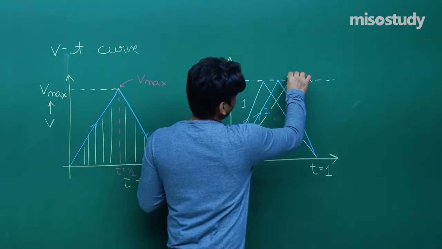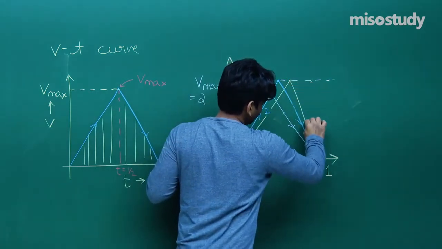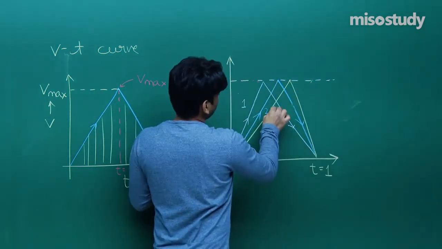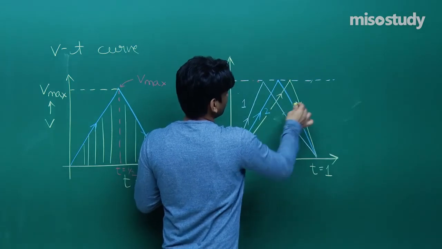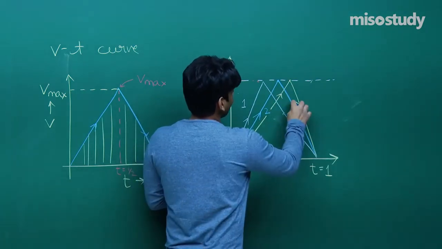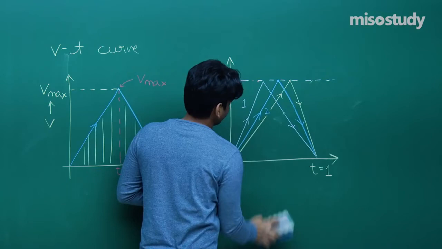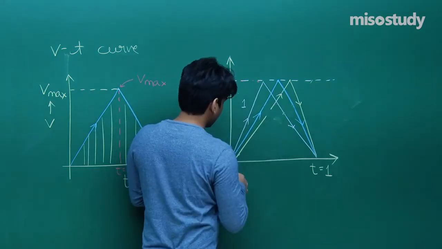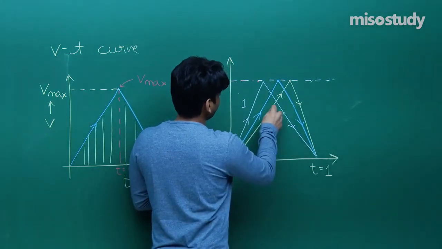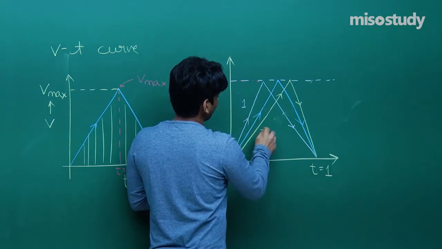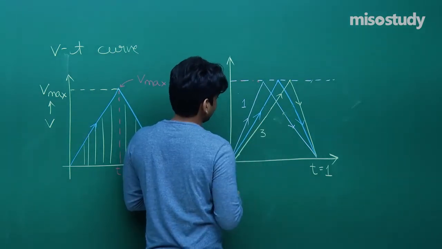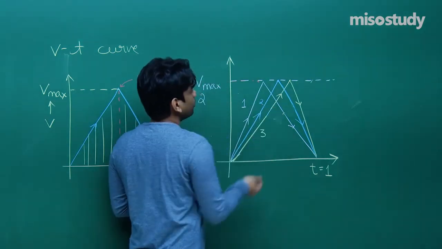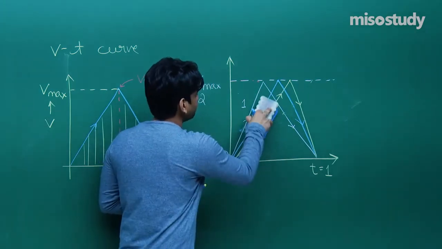So here I'm showing you how the velocity is varying for t somewhat more. You may record this as the third curve. Curve number 1, curve number 2, and curve number 3. These 3 curves I have shown you here. Only these 3 possibilities can occur.